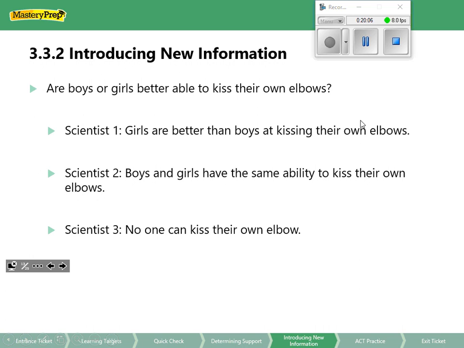Because it's not possible to kiss your own elbow. It just doesn't work. So here, I mean, we could do it, but it's just not possible. Well, not possible. Because, well, actually, you're not double jointed. Because double jointed, double means two. Because it's not possible to actually have two joints in the same spot. But it's gotten the nickname double jointed.